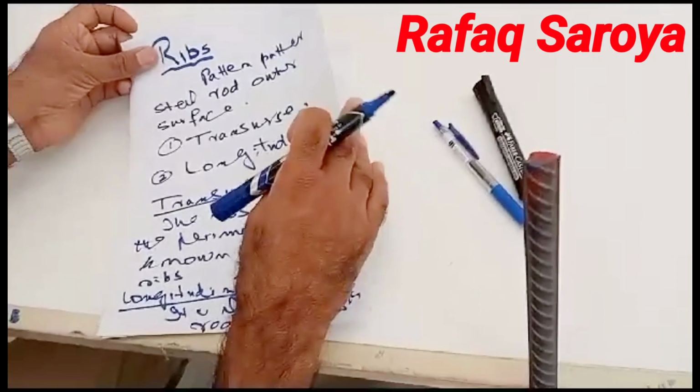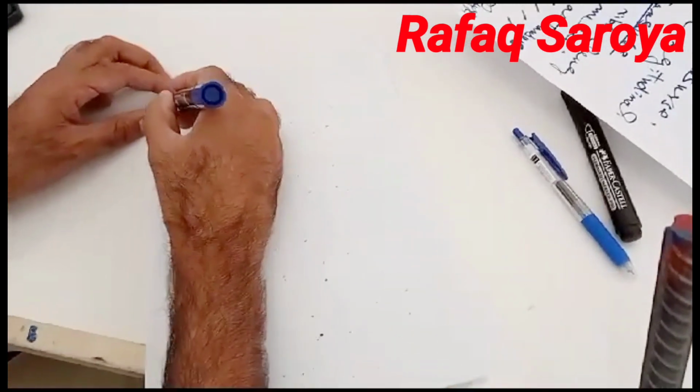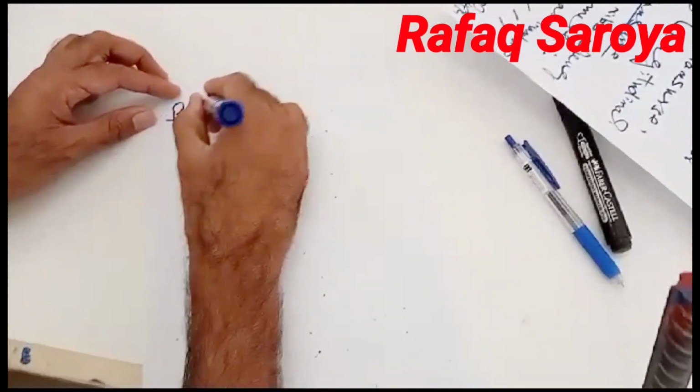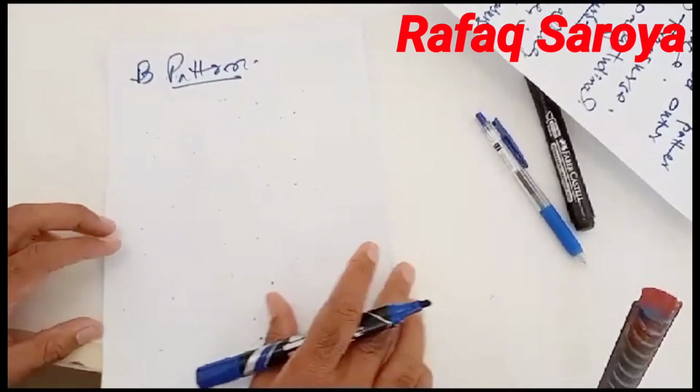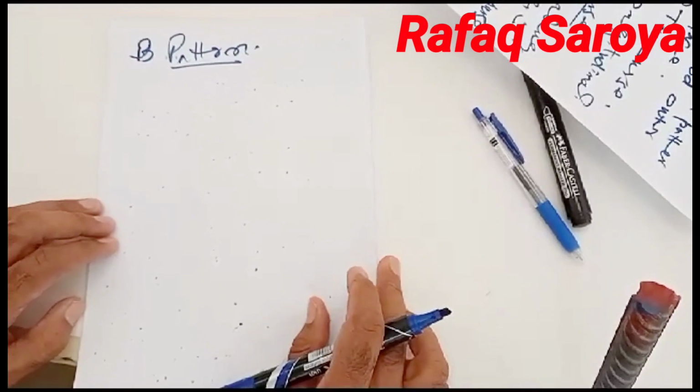Now after doing this, we will try to know about its pattern, as far as the pattern is concerned, how these ribs look like.